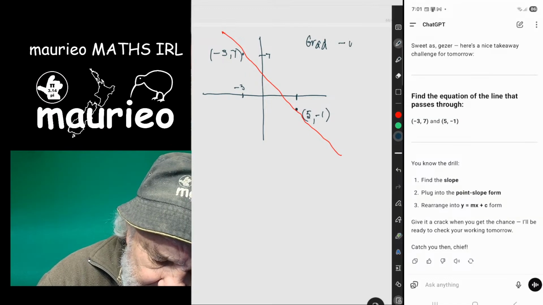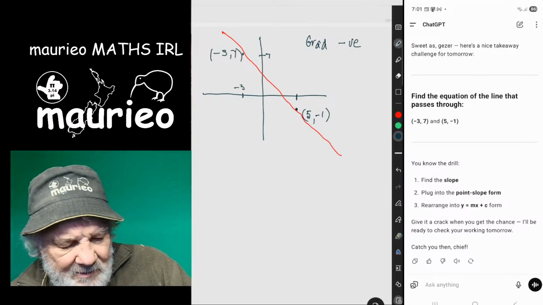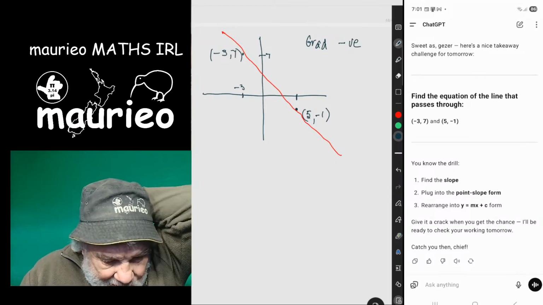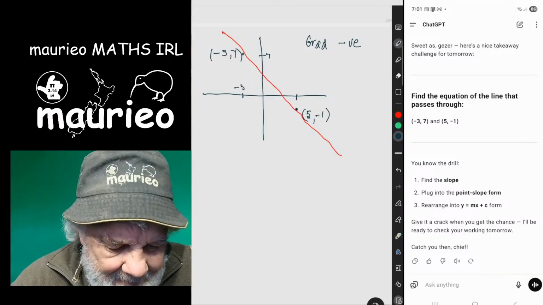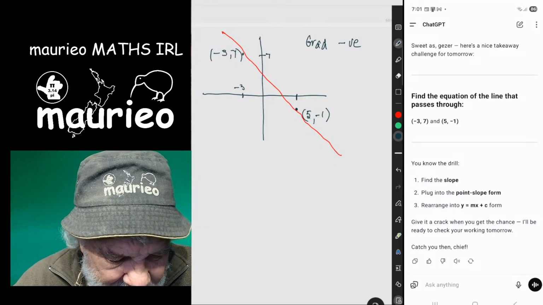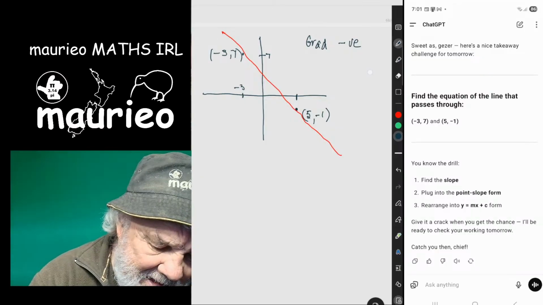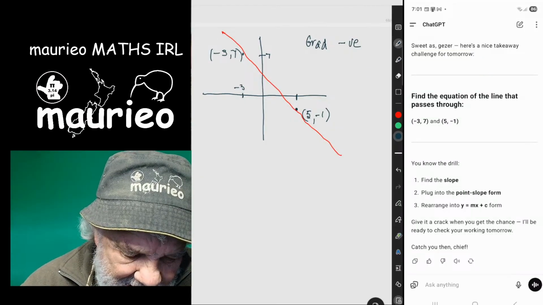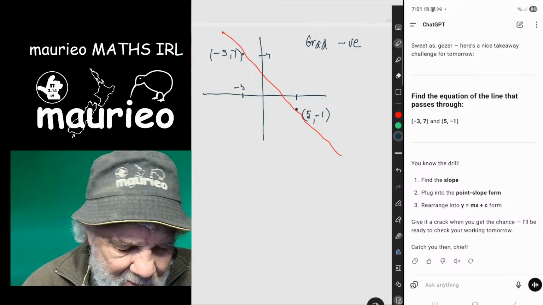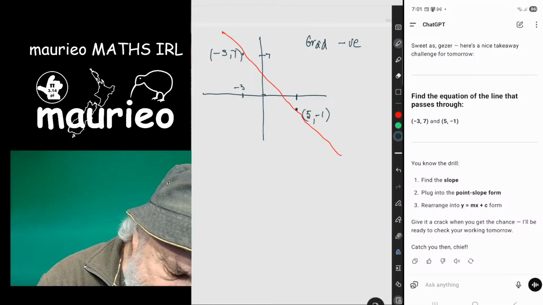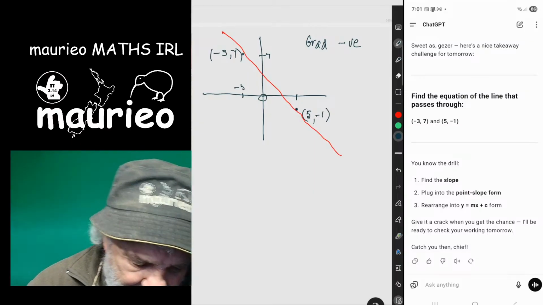I just put a little negative. All right, there we go. And we can see that the y-intercept is probably going to be between 0 and 7, and the x-intercept is going to be somewhere between 0 and 5.